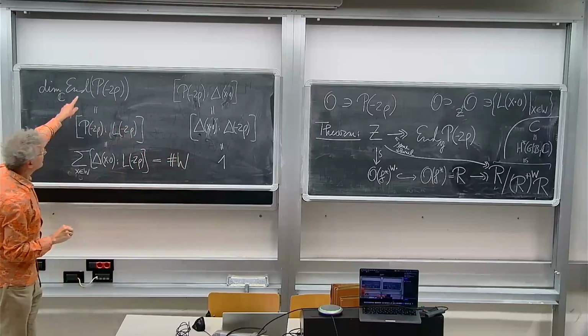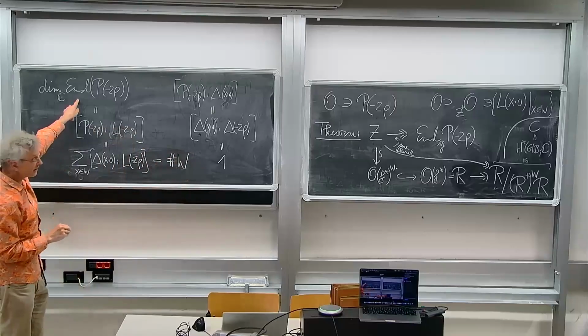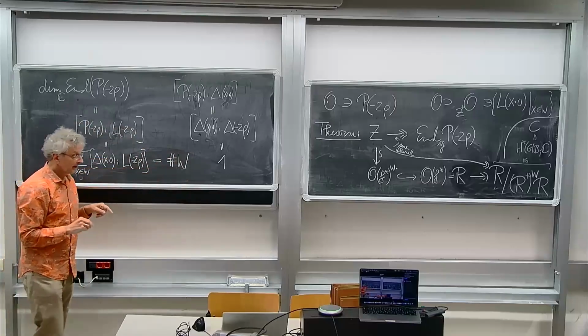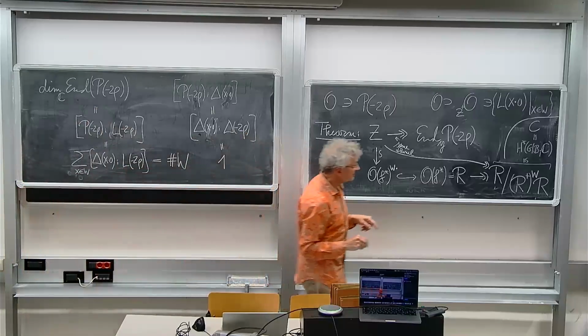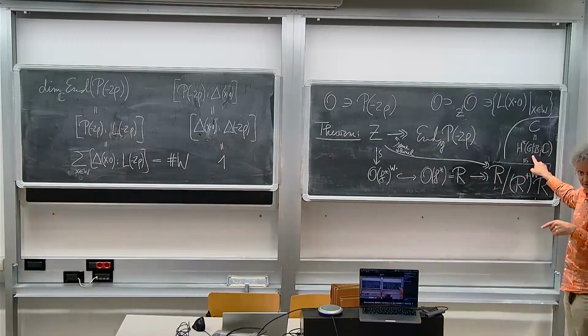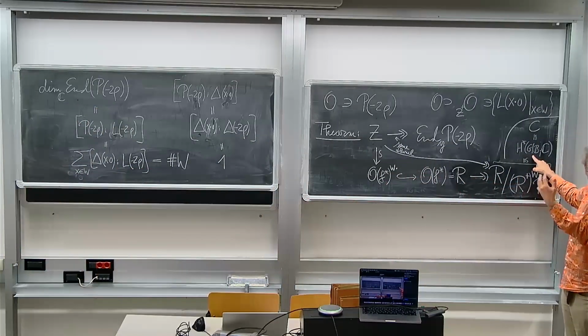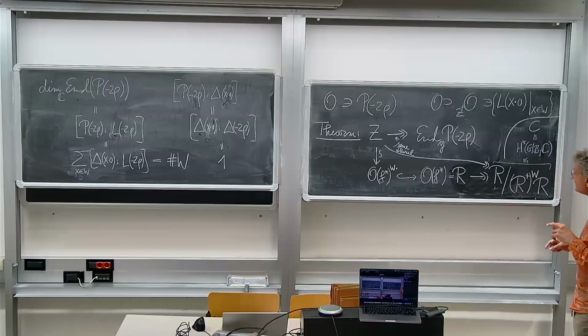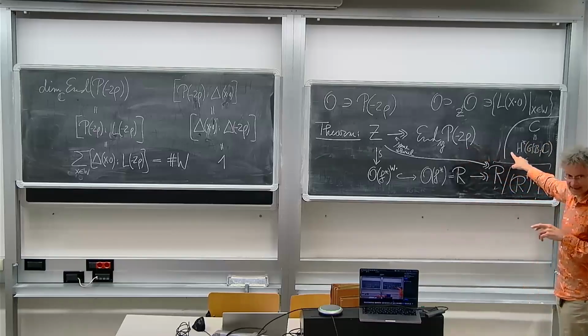So the dimension of this endomorphism ring is the cardinality of the Weyl group. And the dimension of the homology of the Springer variety, you know it's the cardinality of the Weyl group, because the Bruhat cells form a cell decomposition, and they're only even dimensional cells. So at least the dimensions of these two things are the same.